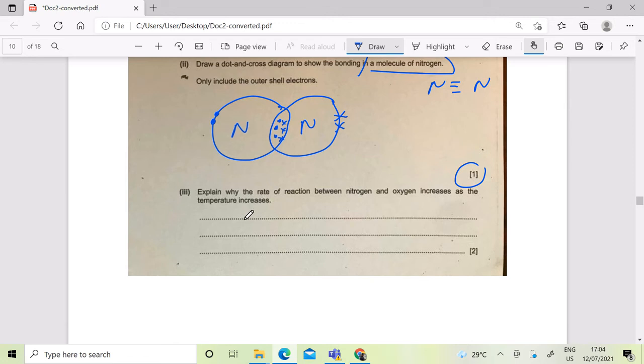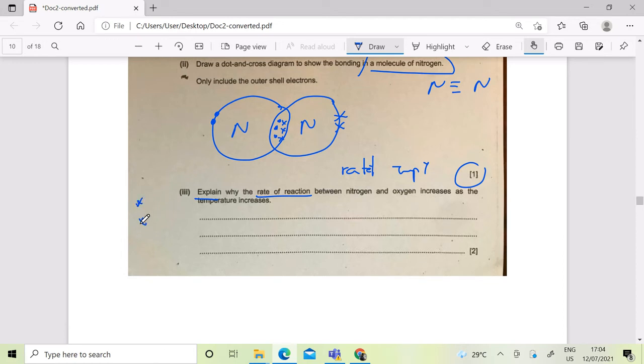Explain why the rate of reaction between nitrogen and oxygen increases as the temperature increases. The question is clear: why does the rate increase when temperature increases? So 2 marks. You have to go for the kinetic energy.